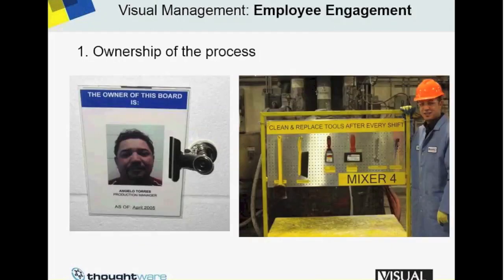Let's start with ownership, which is about real-time problem solving. People who do the job know how to solve problems relating to that job best. Let them own the problems. Give them clear responsibility for providing countermeasures to problems they own. If you tell them what to do, you take ownership and responsibility away.